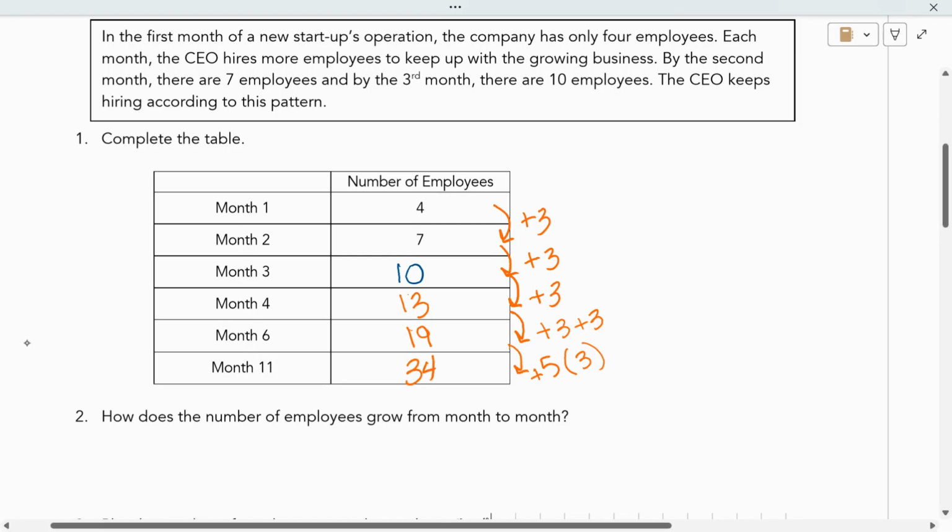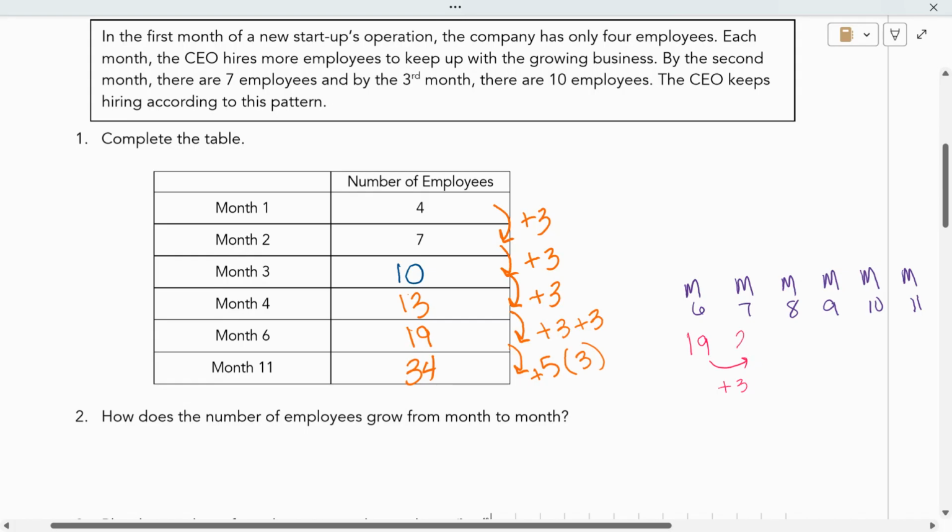I'm going to write it out. So month 6, month 7, month 8, month 9, month 10, and month 11, just because some of you guys might need to see this. So in month 6, we had 19 people. We're adding 3 each month.